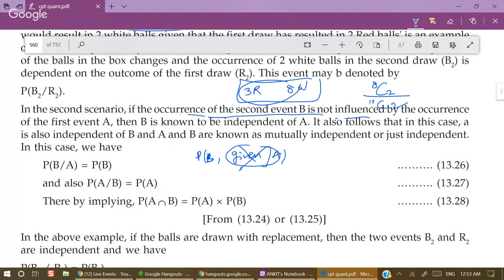So it doesn't matter whether A occurs or not, the probability of B will remain the probability of B. Independent means the occurrence of one event doesn't affect another event. That doesn't mean the probability of the event will be zero; it means it doesn't affect.